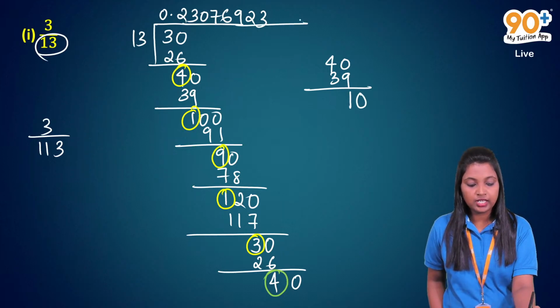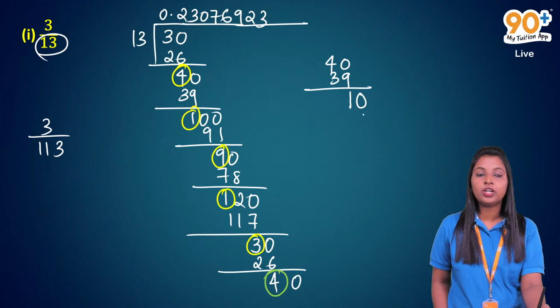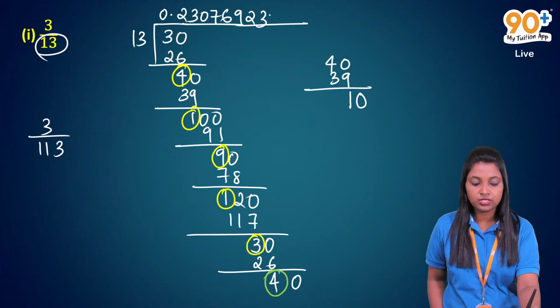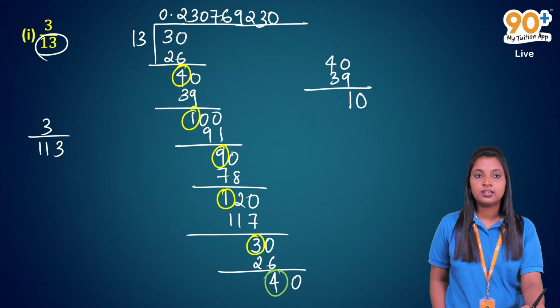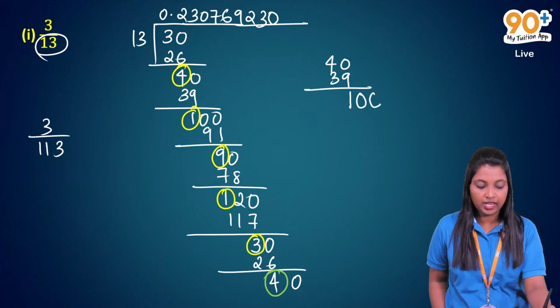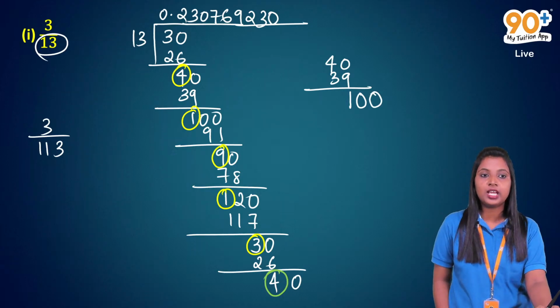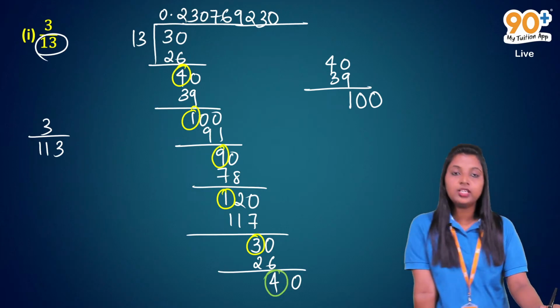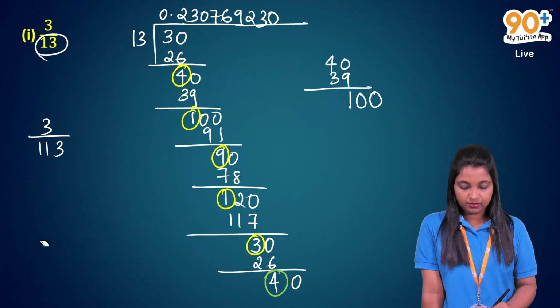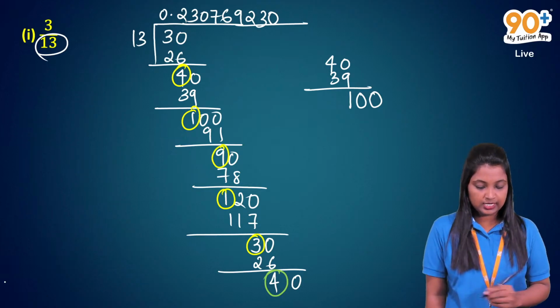We are dividing by 13 and we got the remainder, so we have to put a 0 here in the quotient. So it will be 100. How many times 13 will give you 100? 7.